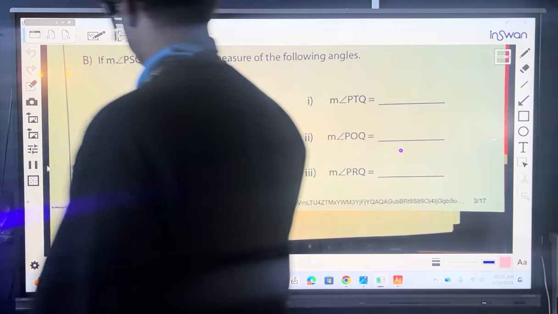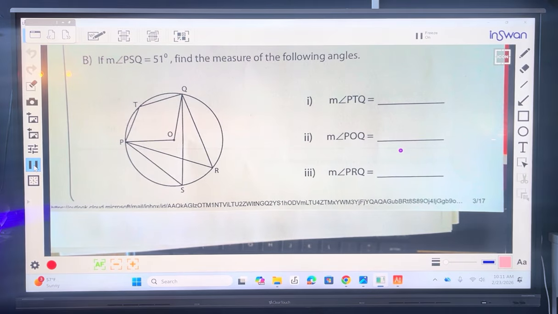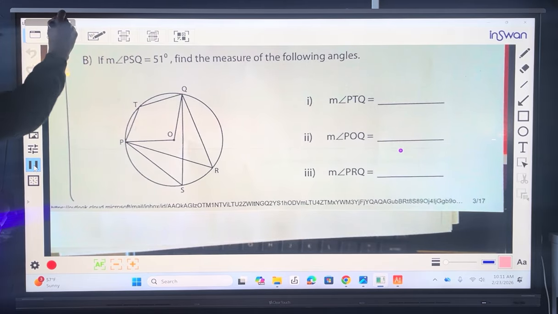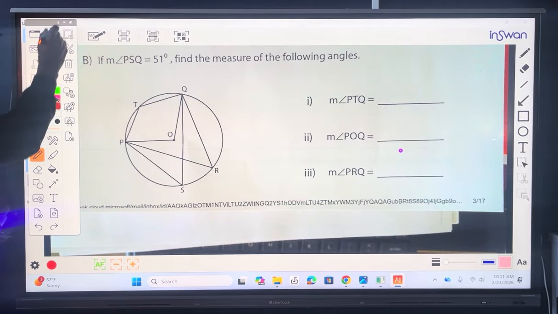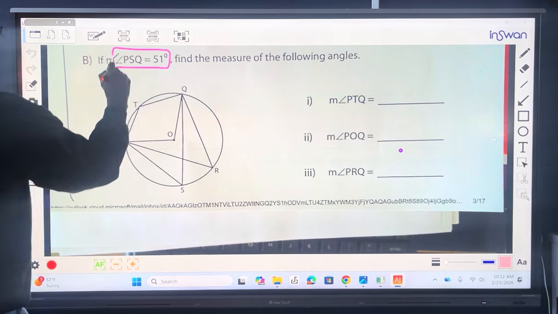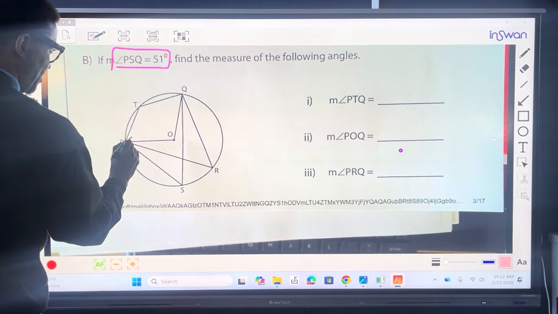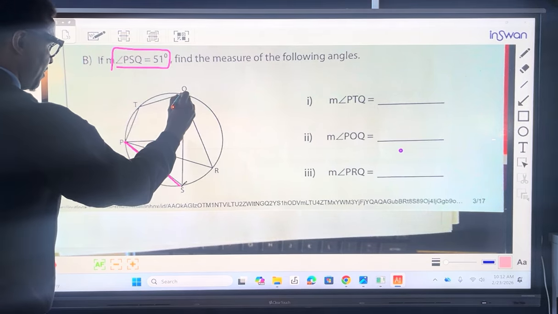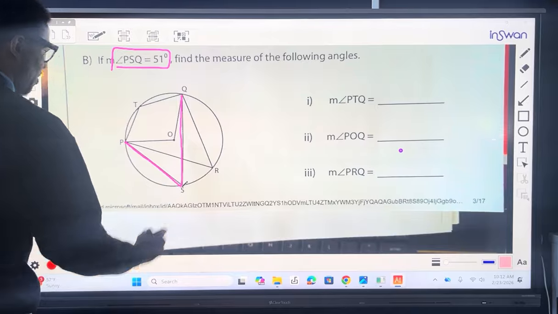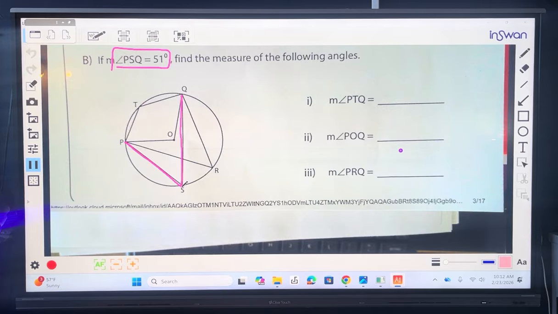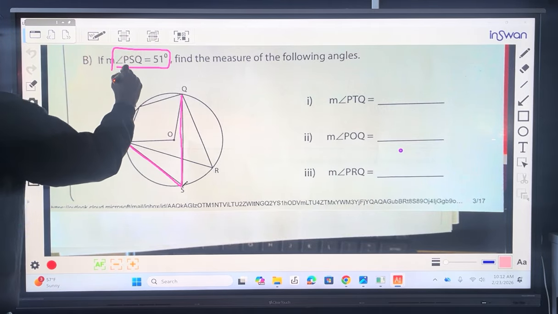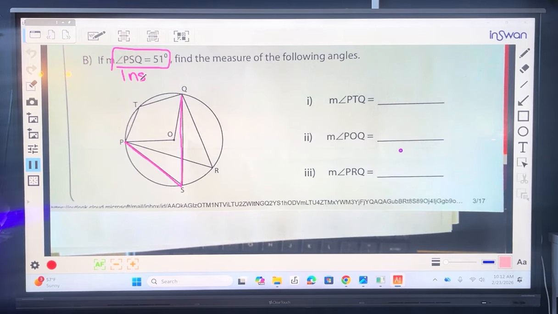Oh no! This is definitely a test question, chat. All right, what did they give us? Can we work together? PSQ is 51. And then, hold on, PSQ, that's this. What kind of angle is that? I was about to call it isosceles.